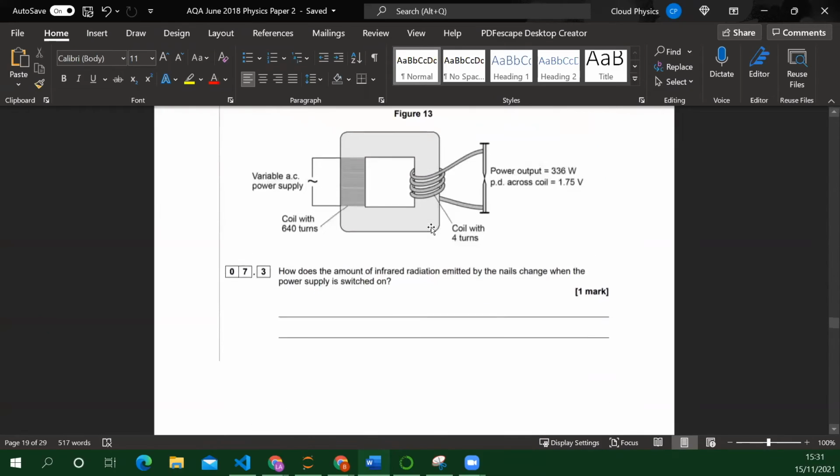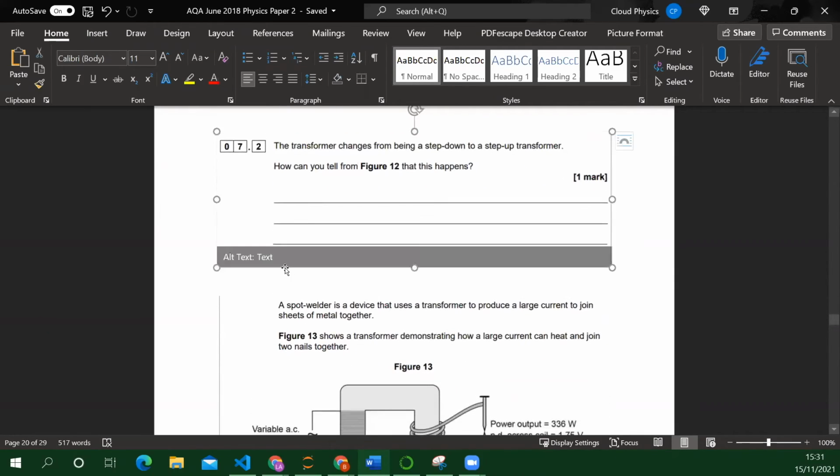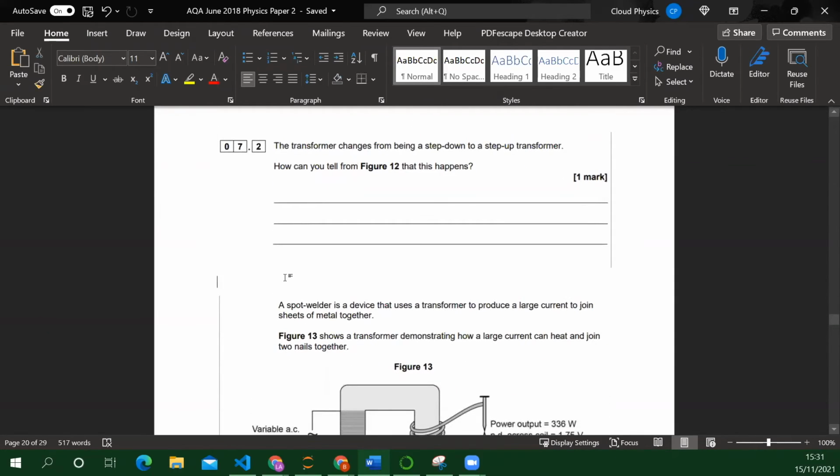So what happens there is the PD across the secondary coil is higher than the PD across the primary.